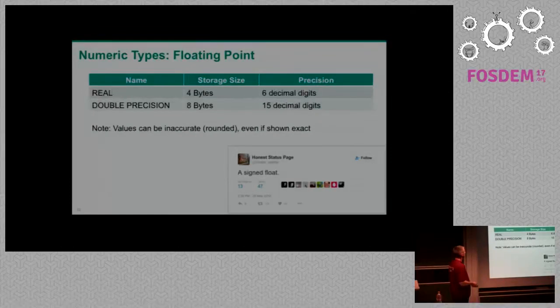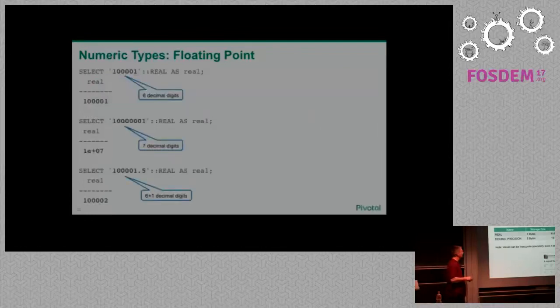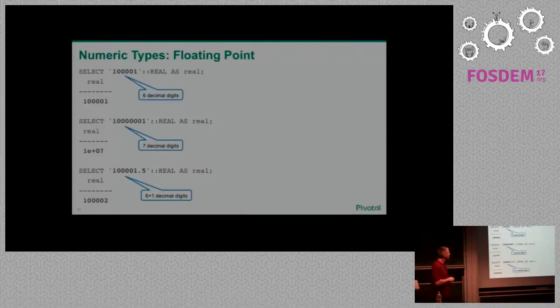Then we have floating point numbers. So we have real, it's 4 bytes, which has a precision up to 6 digits, and we have double precision, which goes up to 15 digits. Always means it's a rounded number. It can store almost everything, as you can see here. So we have 6 digits here, and okay, it shows us the correct number here.